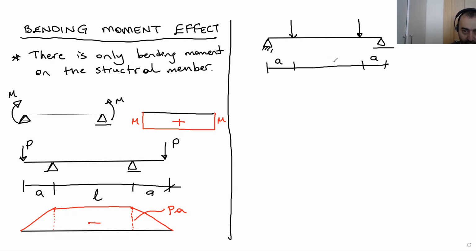And here, L. These are the P. The moment diagram is like this. So this is the actual single point.